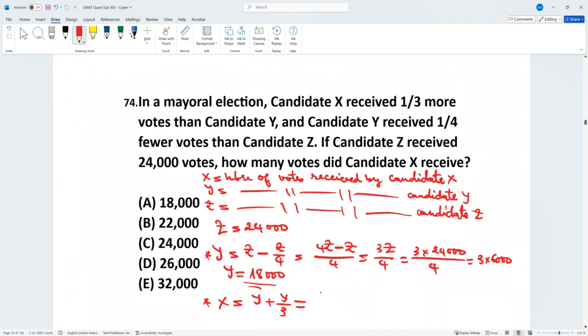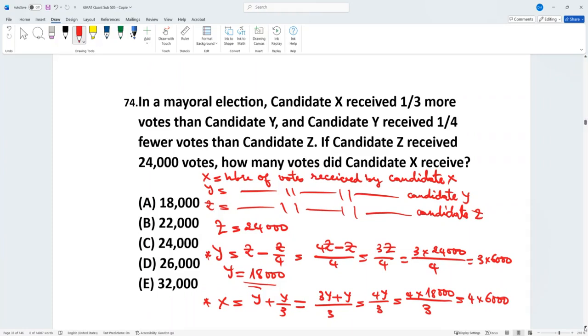So now this gives us 3Y plus Y over 3, which is 4Y over 3, which is 4 times 18,000 over 3, which is 4 times 6,000.